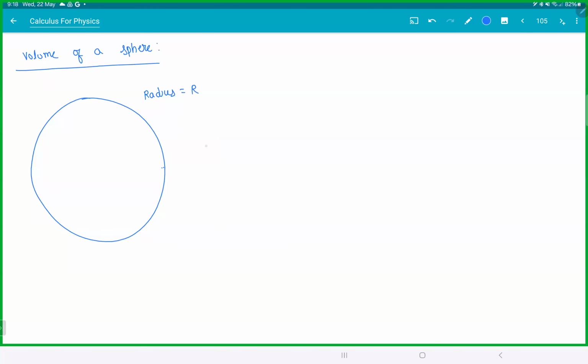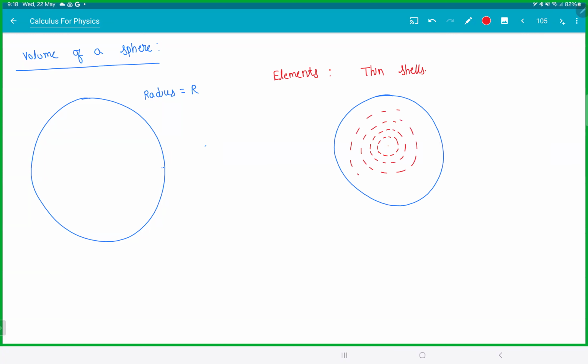There are two ways you can choose elements. You can take elements as thin shells, like onion layers, or thin discs.